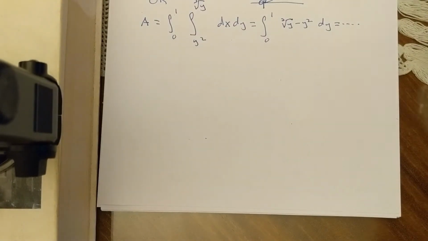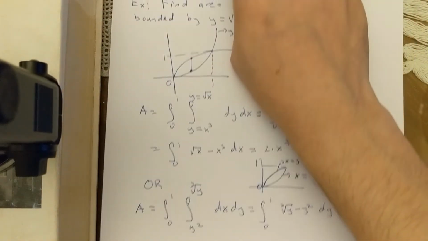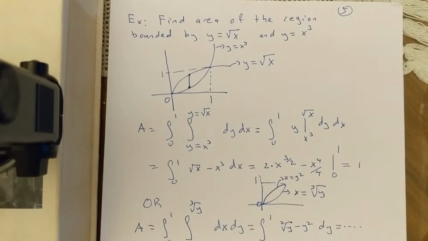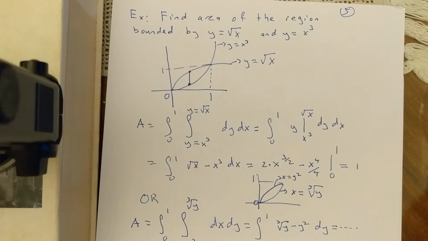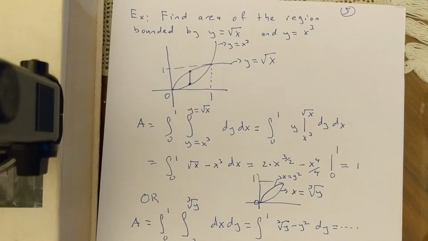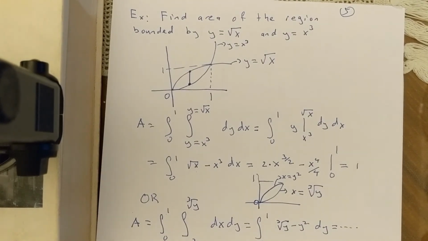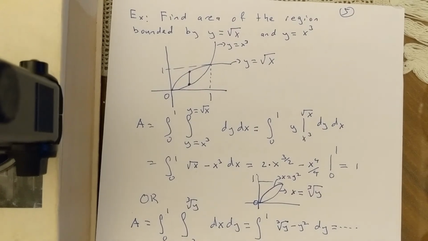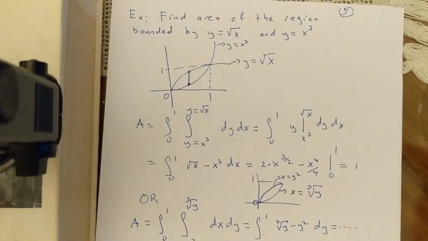All right, so now I want to go back to good old area before we get on to volume. Let's do good old area with double integrals. Of course, these can all be done very simply by single integrals. The point here is to get some exercise on double integrals.